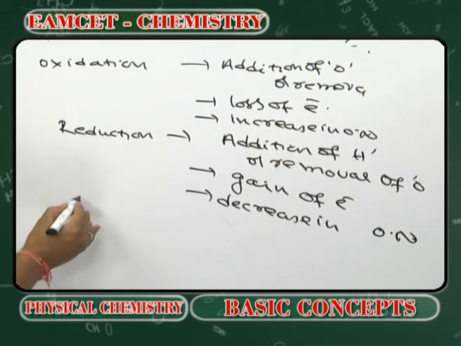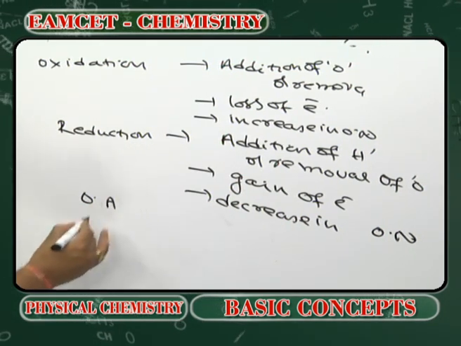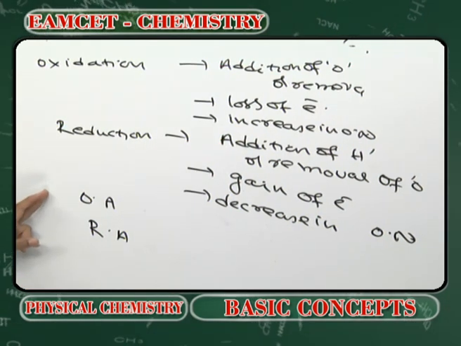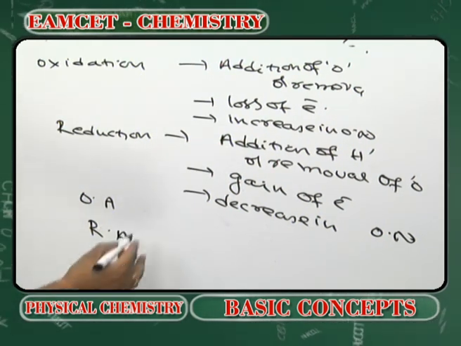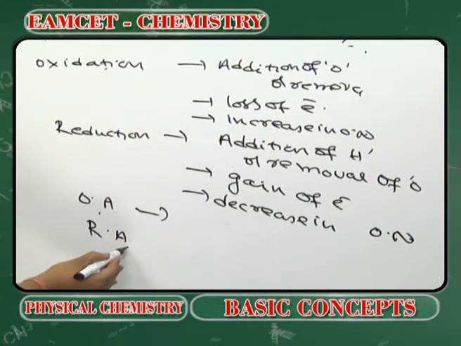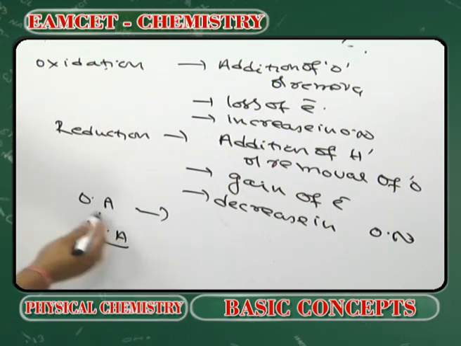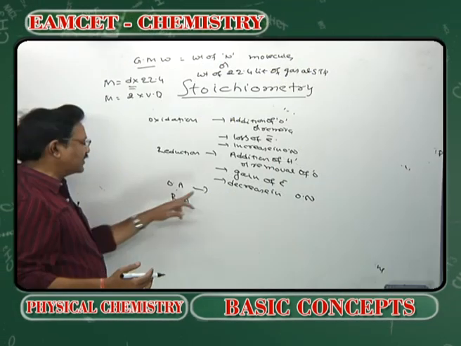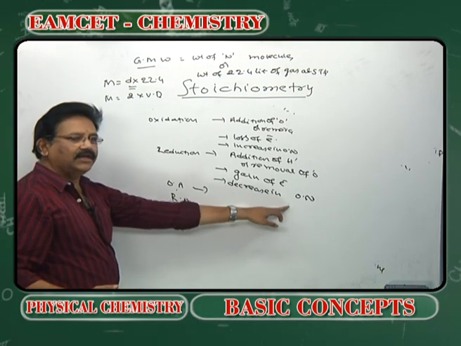Now, oxidizing agent and reducing agent. Oxidation is a phenomenon. Oxidizing agent is a substance. What is an oxidizing agent? It has a greater tendency to gain electrons.